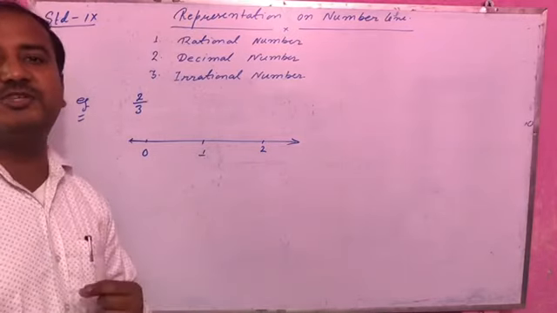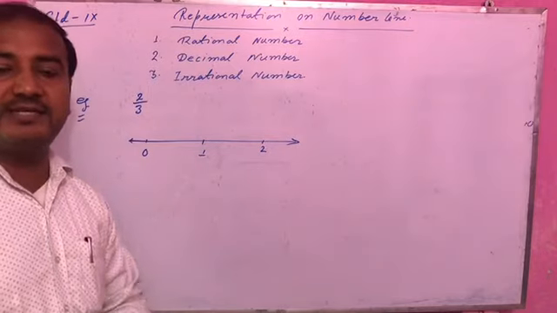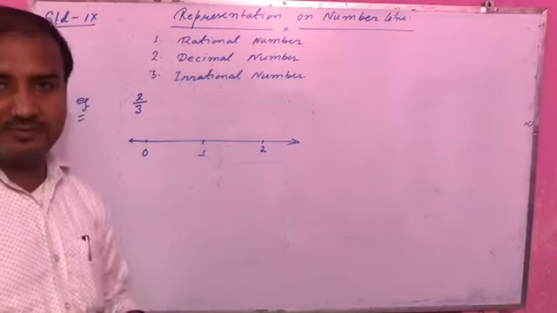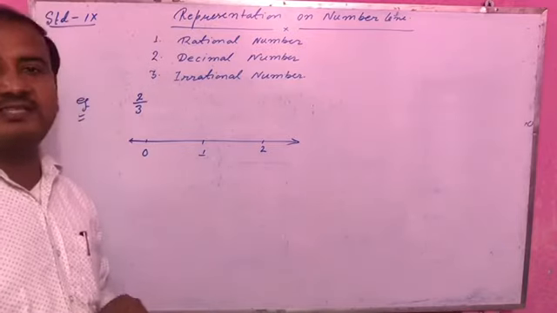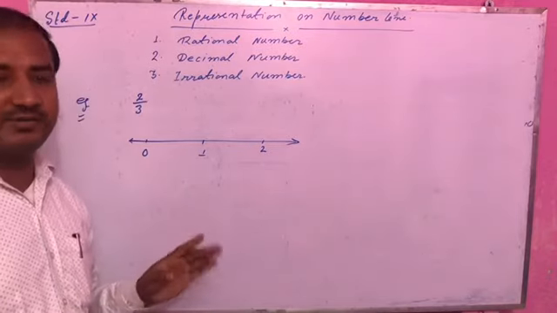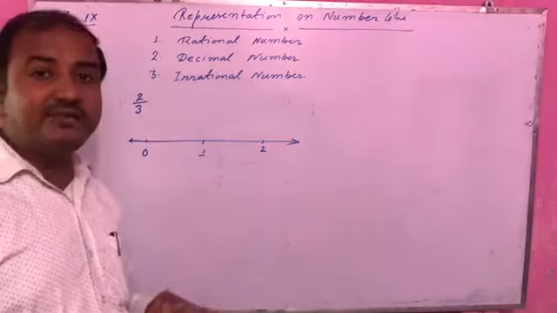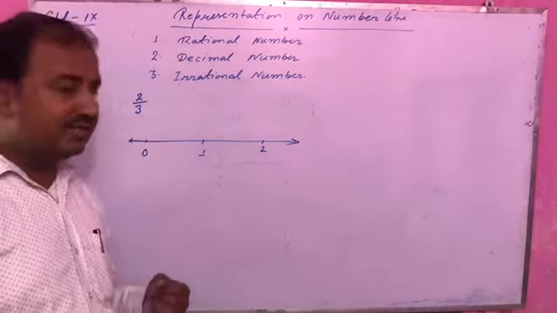Whatever distance you want to take as 1 unit, it depends on you. आप जो भी डिस्टेंस लेना चाहते हो 1 यूनिट के लिए आप ले सकते हो. इट्स नॉट मैंडेटरी कि 1 यूनिट के लिए 1 सेंटीमीटर ही होना चाहिए.